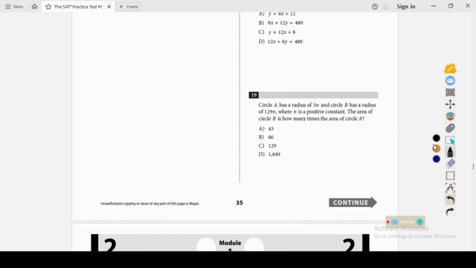In question number 19, circle A has a radius of 3n and circle B has a radius of 129n, where n is a positive constant. The area of circle B is how many times the area of circle A? Let's find out the area of both circles.